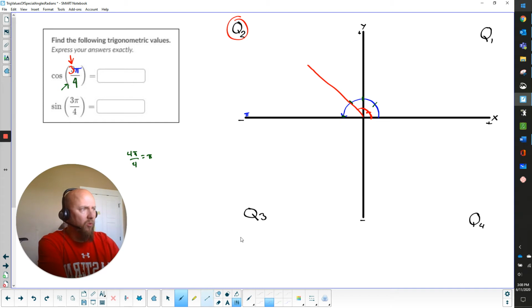And like I said before, you always want to drop your line from the terminal edge down to the x-axis. Now, earlier I said all you got to memorize is the two special right triangles.